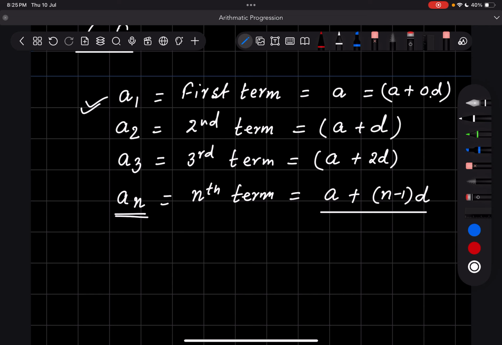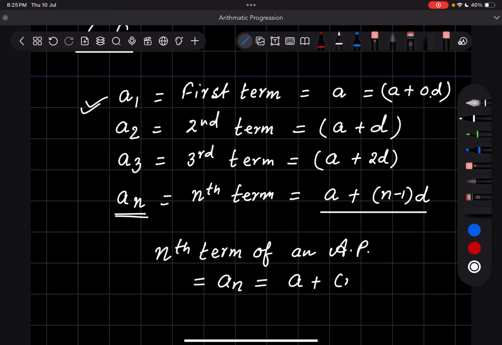And this general equation says that the nth term of an AP, an, is equal to a plus n minus 1 into d.